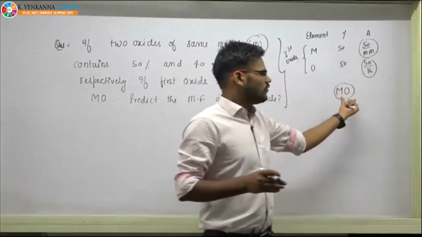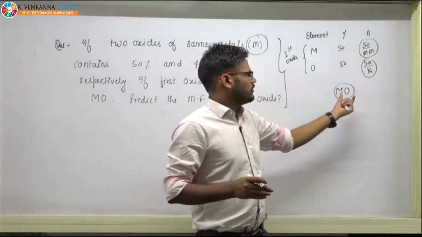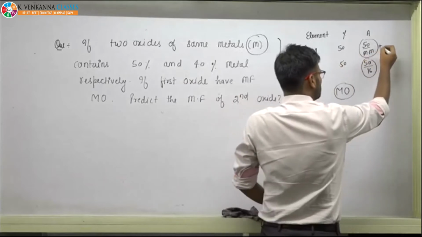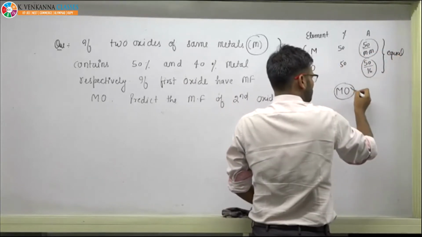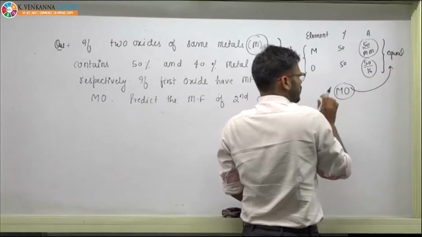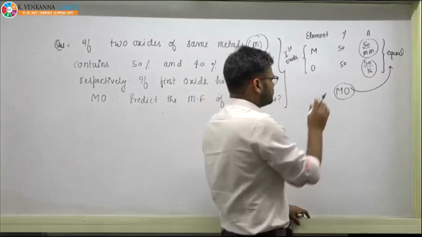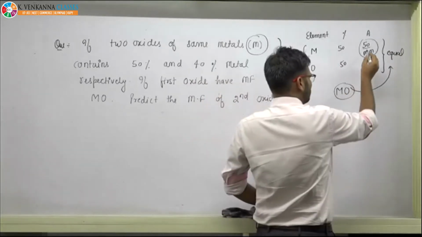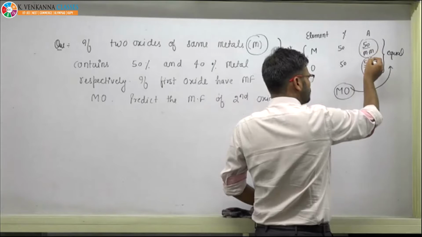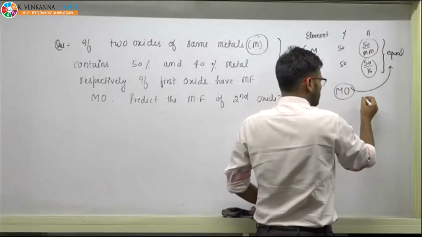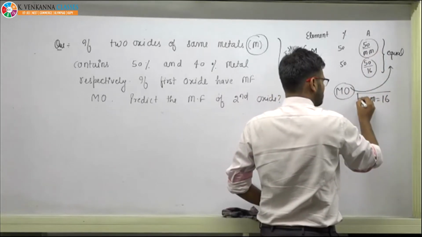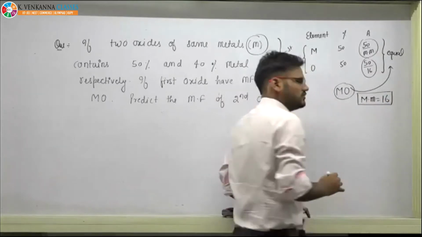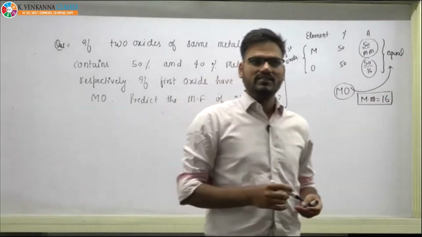If the numerators are equal, then the denominators must be equal. So it gives a very useful piece of information: the molar mass of the metal is 16.